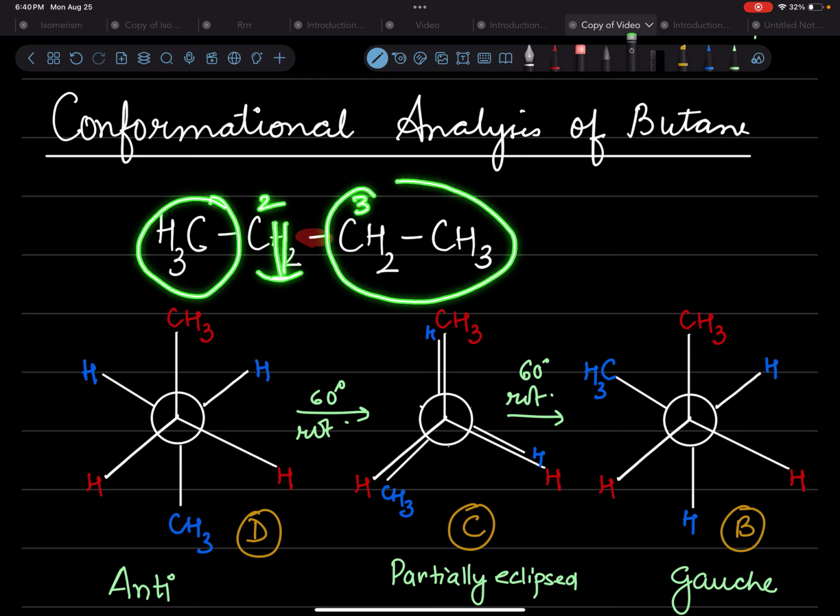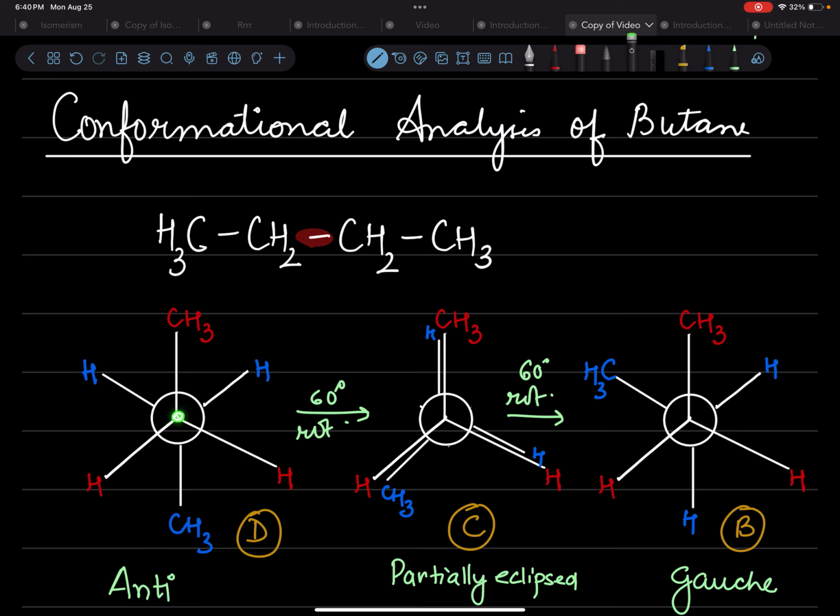So if I say that this is my C2, it is connected on one side by methyl and on the other 2 sides by hydrogens. And if I focus on my back carbon represented by this circle, it has 1 methyl and 2 hydrogens, fine?